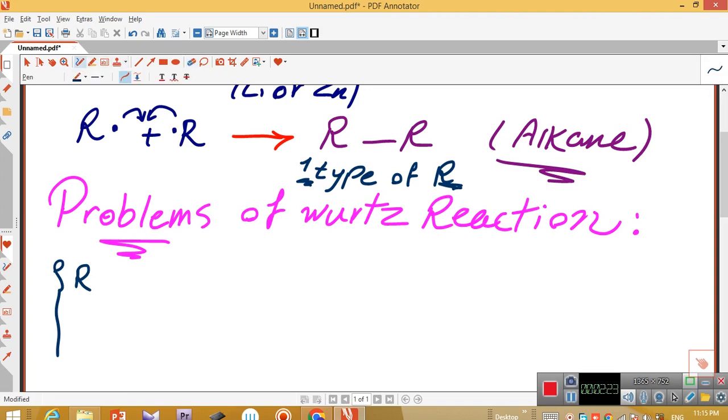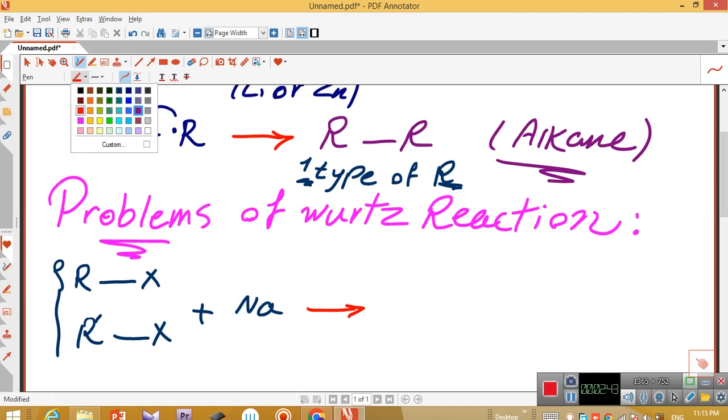You can imagine, my friends, you will have a balloon, and you will have two types of alkyl halide, for example, RX and R'X, that can react with sodium metal in our balloon. Okay, what happens? Wow, we will have a mixture of products, because we remember that the reaction just couples alkyls together.